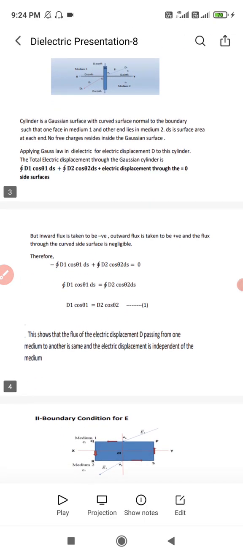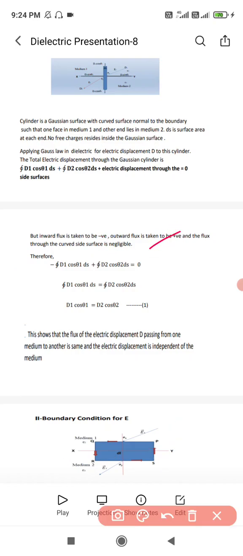Inward flux will be negative and outward flux will be positive. Therefore, the flux through the curved surface is negligible.